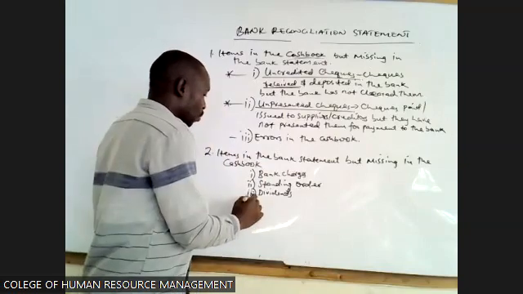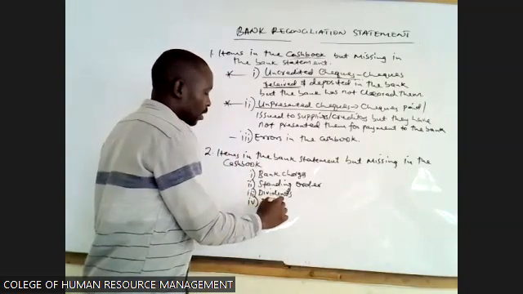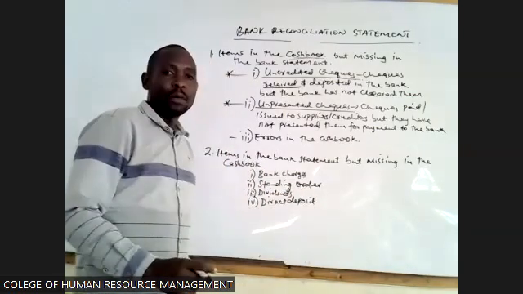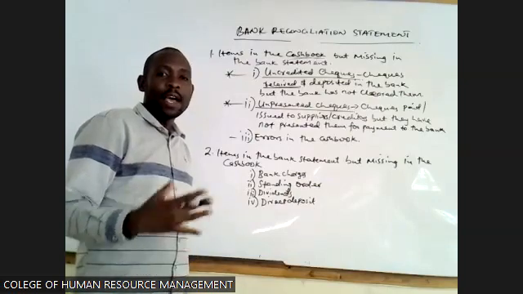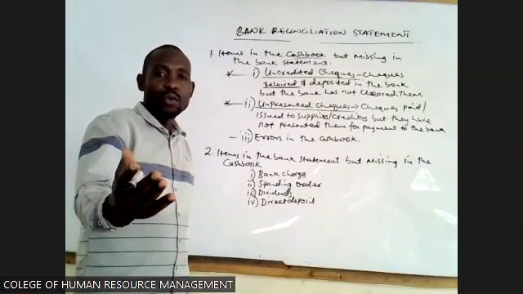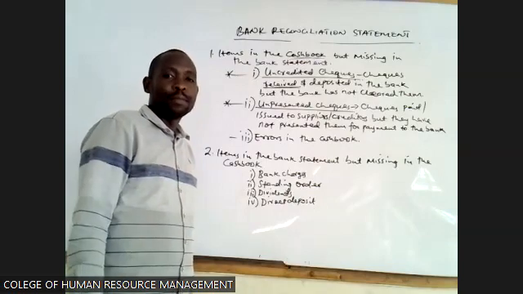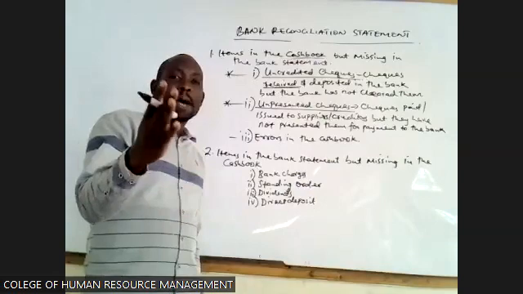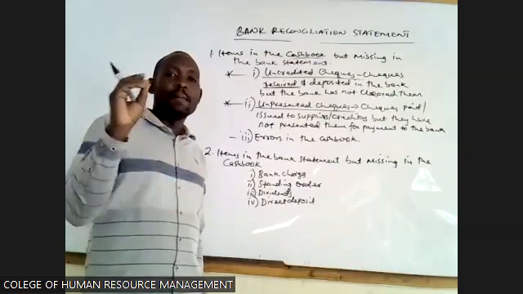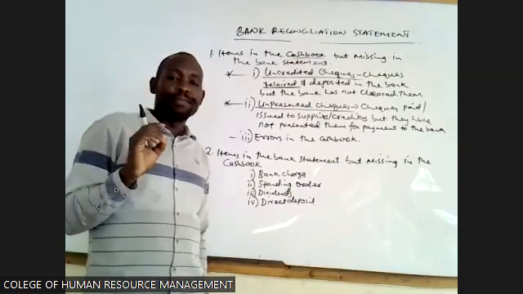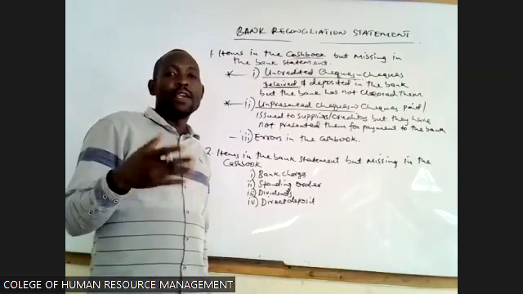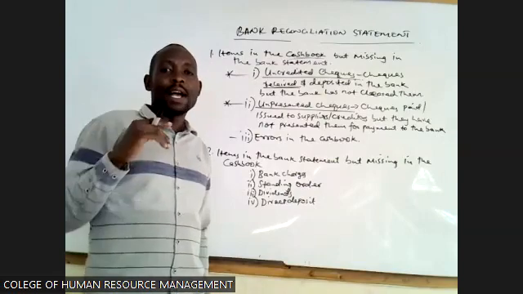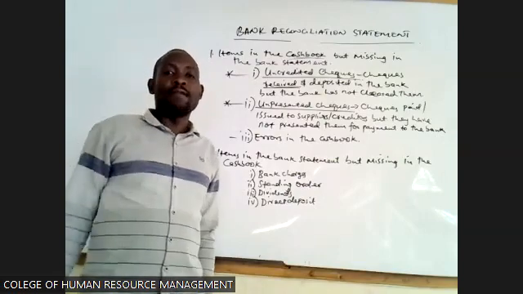Then we also have what we call direct deposit. Direct deposit will occur in cases where I owe you a certain amount of money, but at the same time, I have your bank details. I have your account number. I have your account name. So instead of paying you by cash, I just deposit that money in your bank account, and I don't tell you that I have done that deposit.